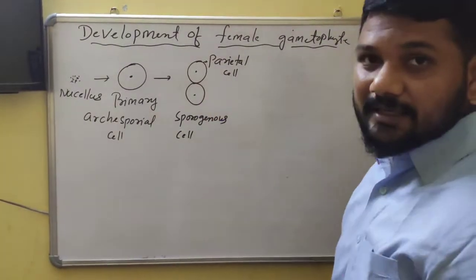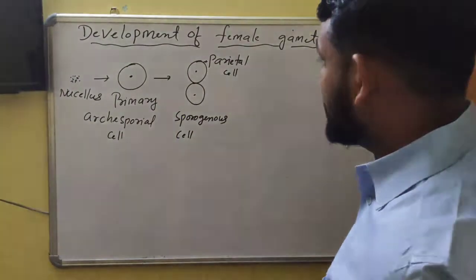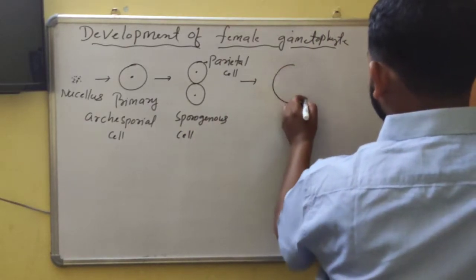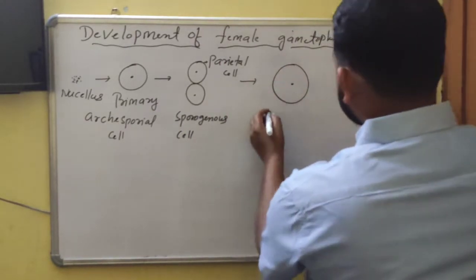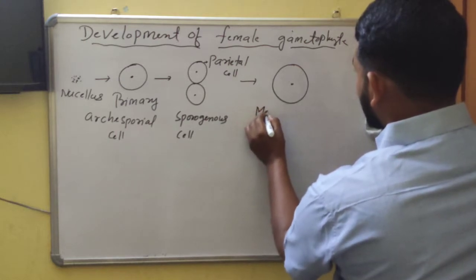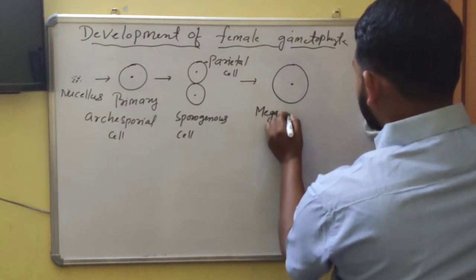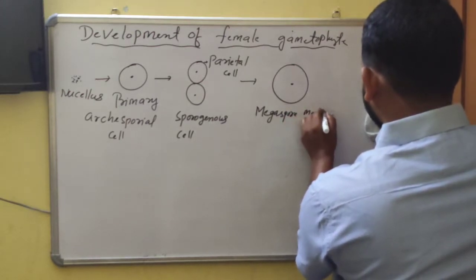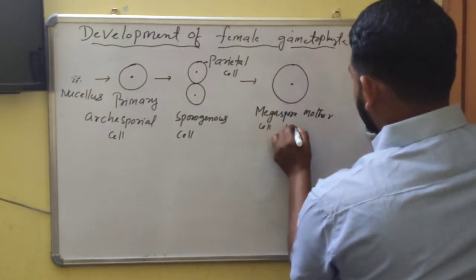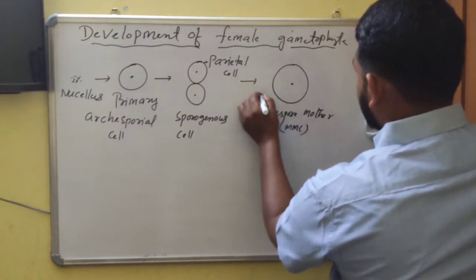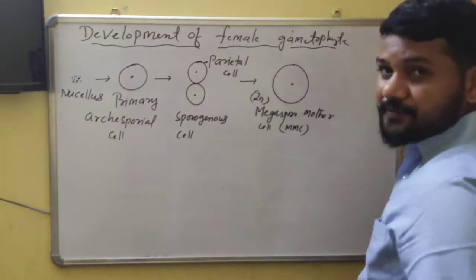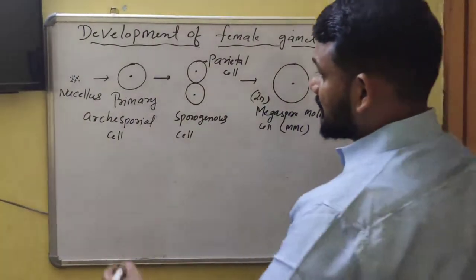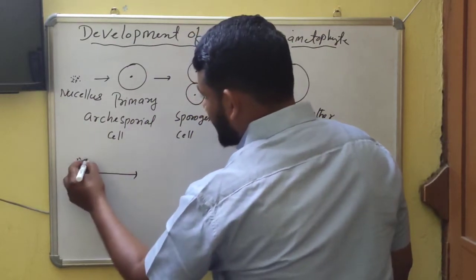And this primary parietal cell divides one or two times. But this sporogenous cell is directly modified into diploid megaspore mother cell. As a short form, it is also known as MMC, and this is also diploid. And this diploid megaspore mother cell undergoes meiotic cell division.